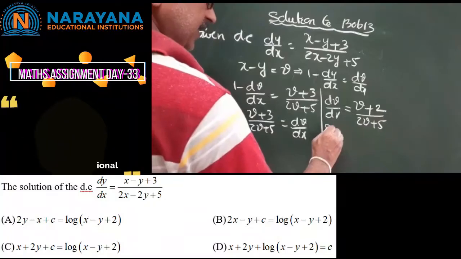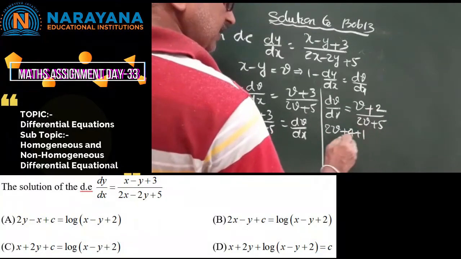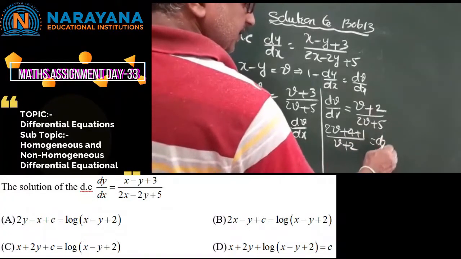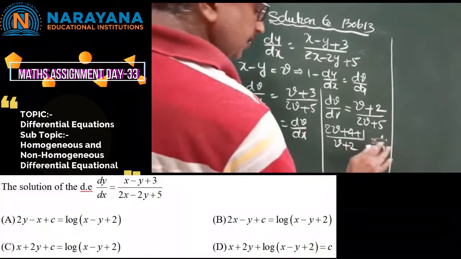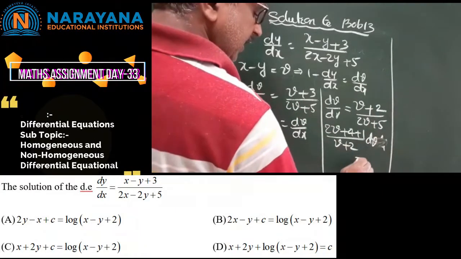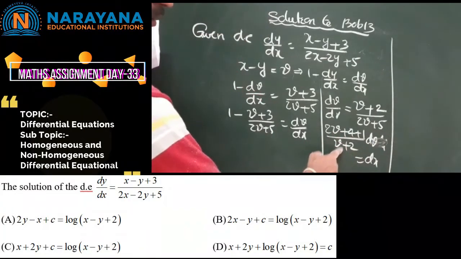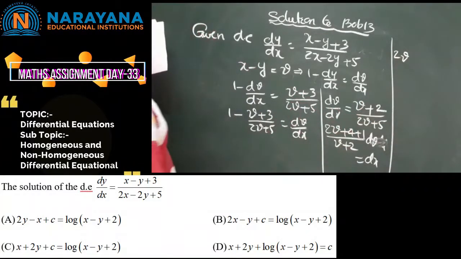And we can write this as (2v, with 5 written as 4 plus 1) divided by (v plus 2) dv equal to dx. Then after integrating, here dv should be there, equal to dx. After integrating, (2v plus 4) by (v plus 2) gives 2, and the integration of that will be 2v.